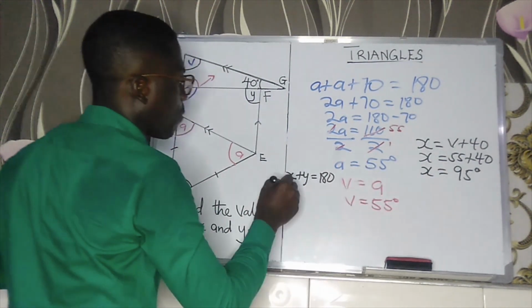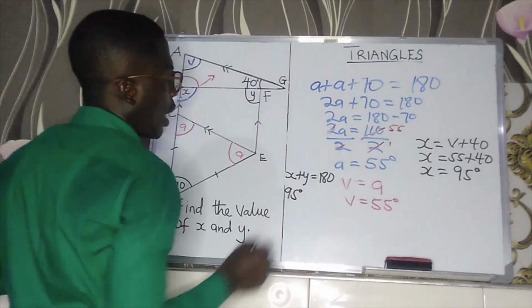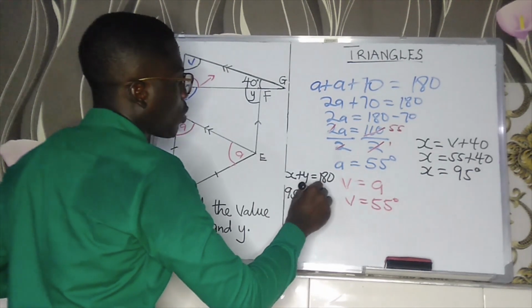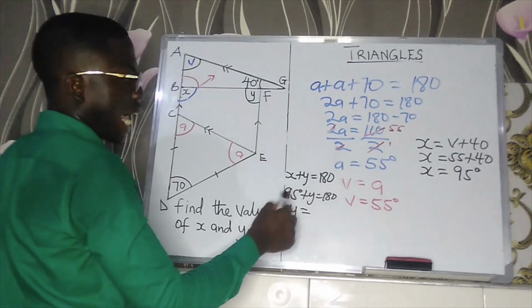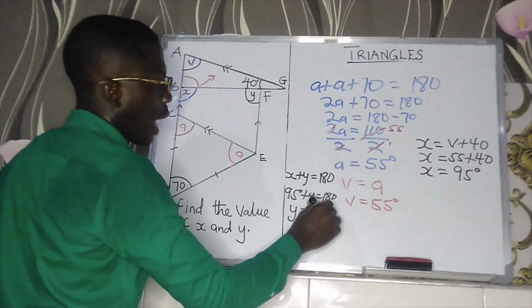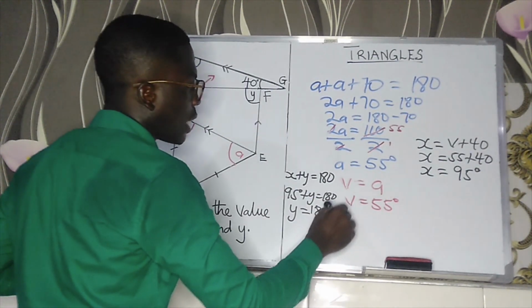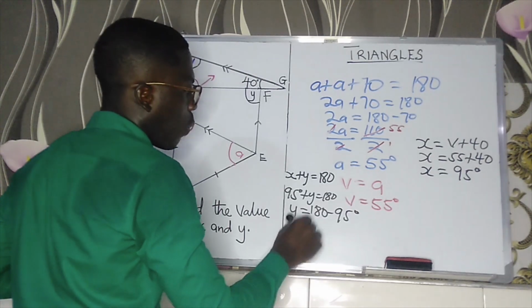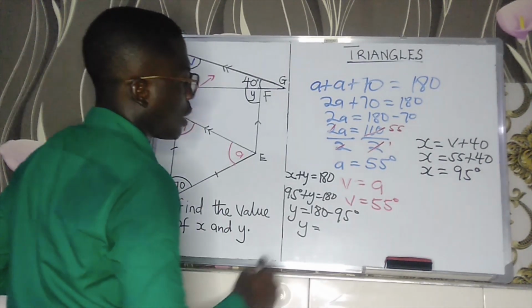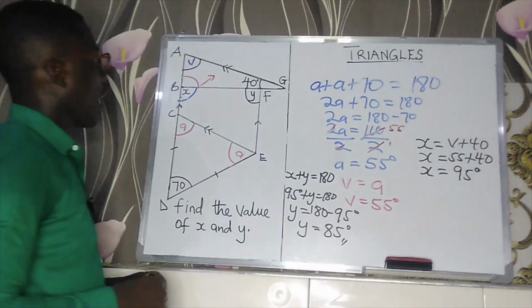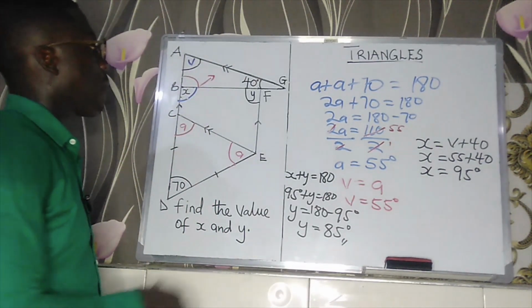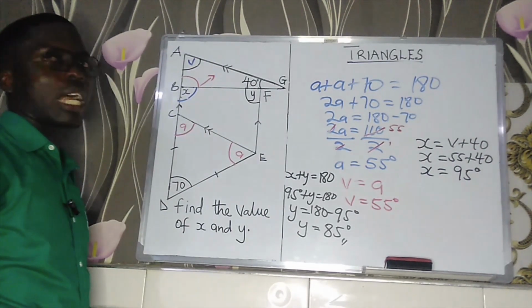Our x is 95 degrees and then plus our y should be equal to 180. We have our y equal to, we are grouping items, so let's join this one here, 180 less 95 degrees, then y is 85 degrees. And this brings us to the end of the solution for this particular question.